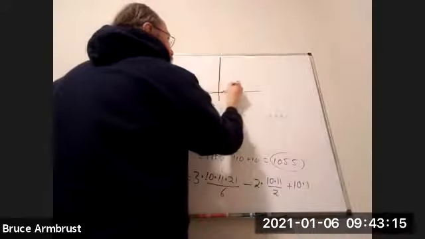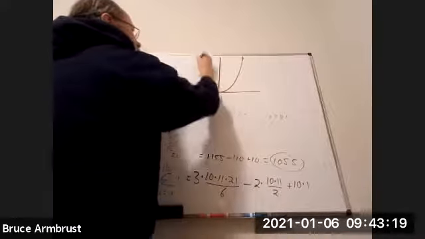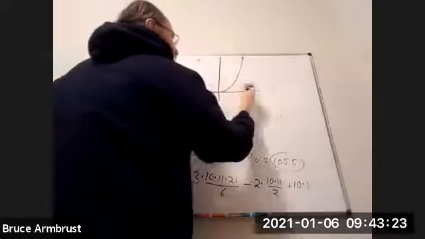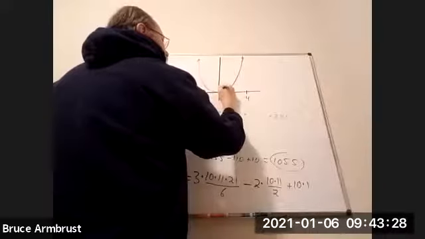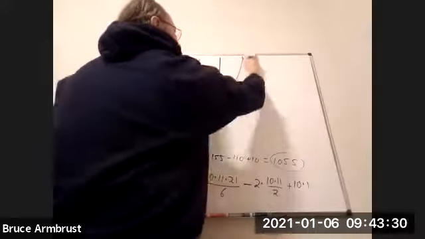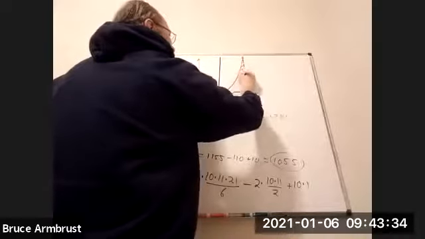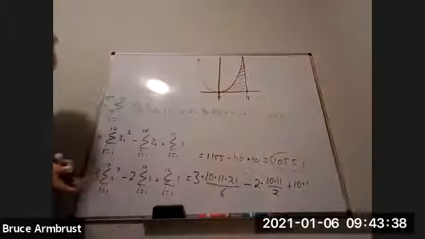Okay, so here's y equals x squared, above x equals 0. And specifically, let's look between 0 and 4. Okay, so I want to know this area right there.